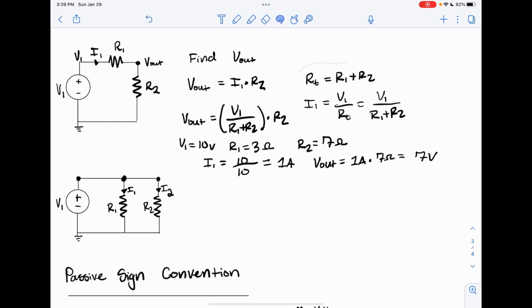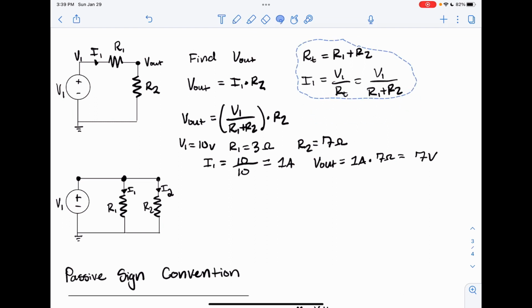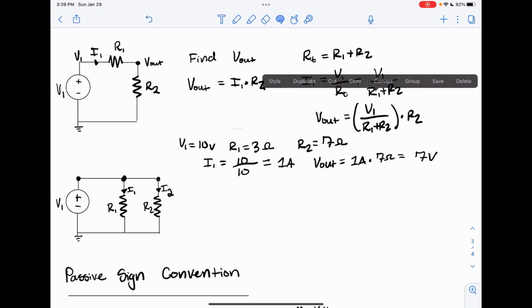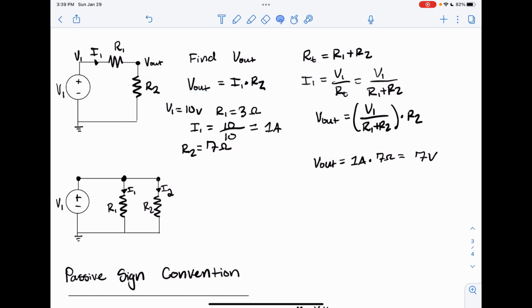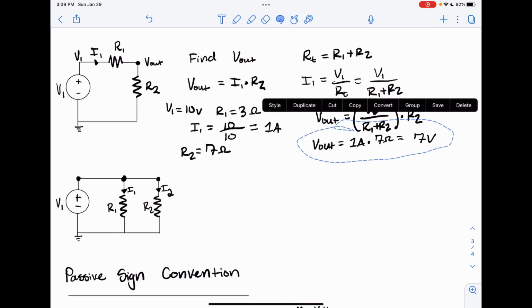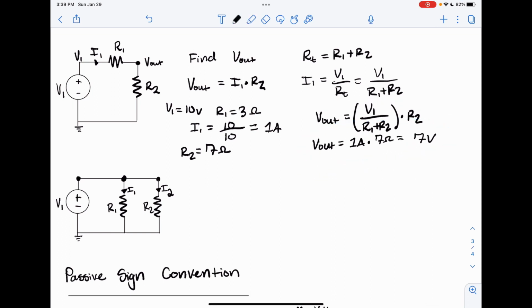Now, we move some of this stuff around, make our lives a little bit easier here. Now let's try this other formula we just found, this voltage division formula, and let's find Vout this time with that.